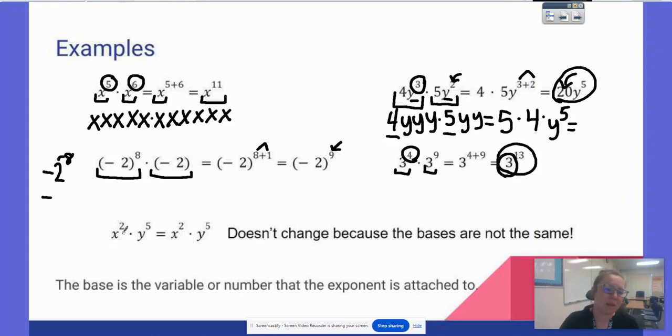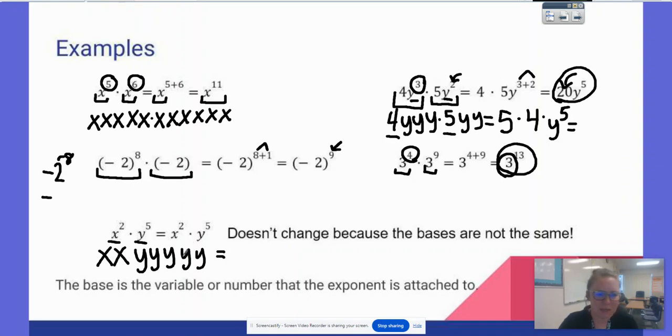Okay? Over here, I promised we would talk about when the base is different. Well, what does this mean? This means x 2 times, x, x. And then this means y 5 times. 1, 2, 3, 4, 5. Well, I can't add those together and say this is x, y 7 times, because there's not 7 x's.